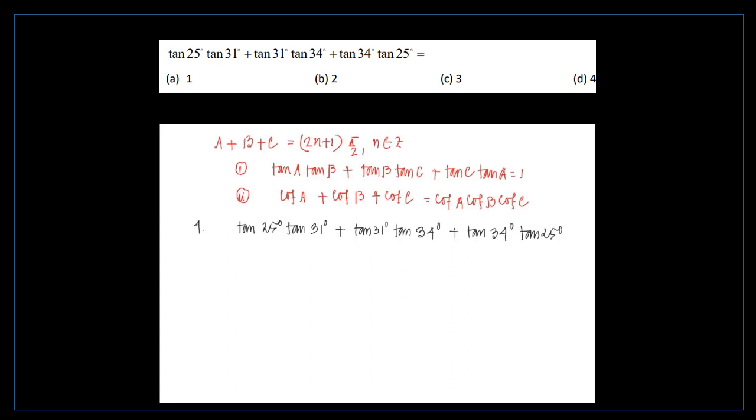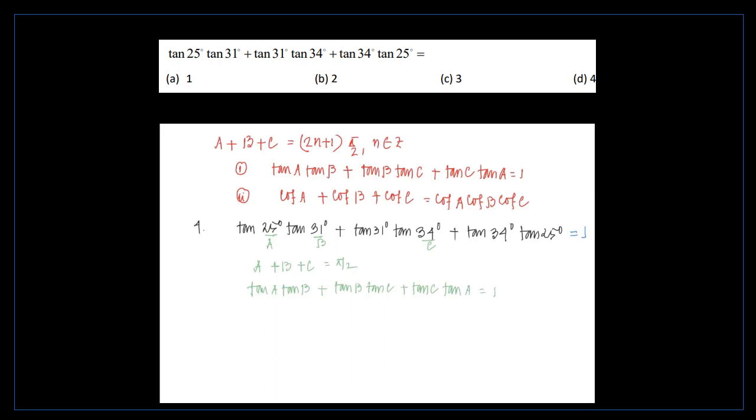Now, if we just consider this angle as A, this angle as B, and this angle as C, what we observe, A plus B plus C equal to pi by 2. Now, once we have A plus B plus C equal to pi by 2, then we have the form that tan A tan B plus tan B tan C plus tan C tan A equal to 1. So straight away we can get the result here that this expression should give us the value as 1.